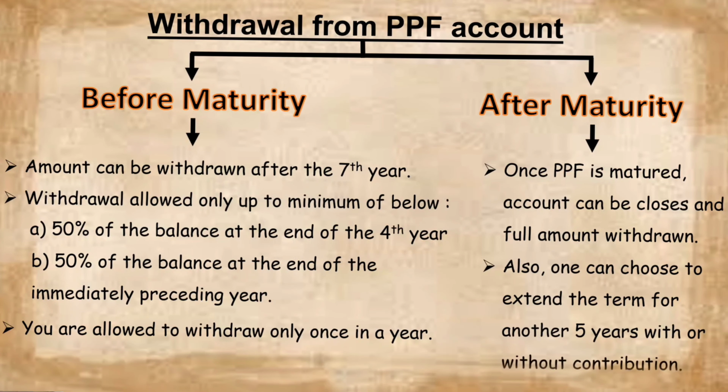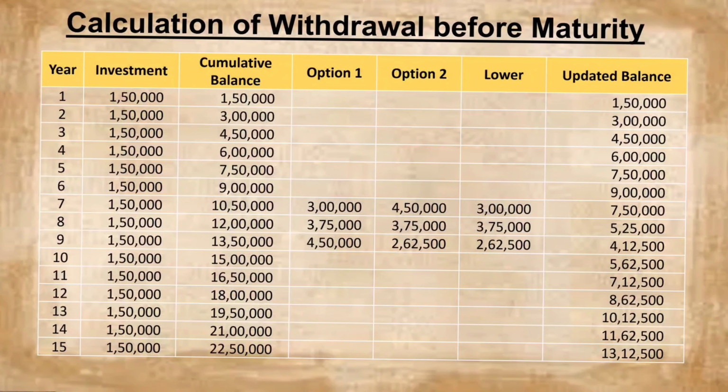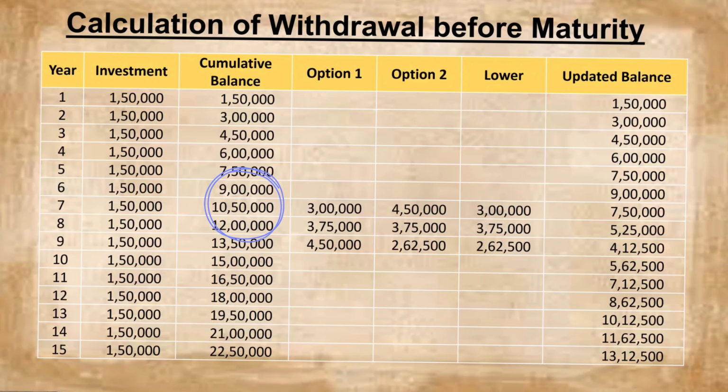So let's understand with an example what happens if you are withdrawing your amount before the completion of 15 years. We discussed that you can withdraw after completion of 7 financial years. So in this example, presuming that we are contributing 1,50,000 rupees every year, in the first 7 years we have accumulated an amount of 10,50,000 rupees, and in the first 4 years we had accumulated an amount of 6 lakh rupees.